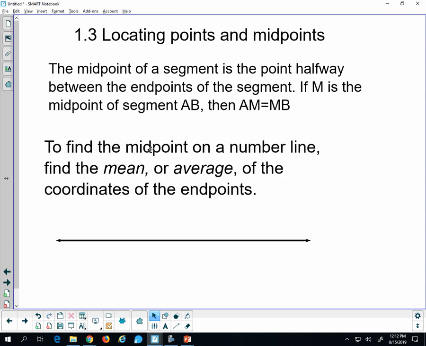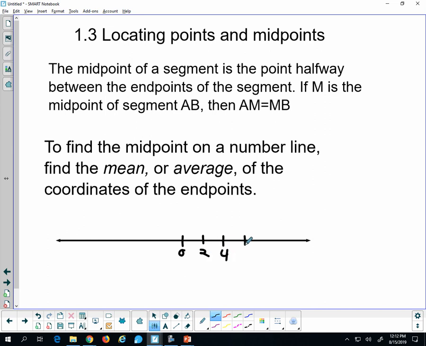Essentially, to find the midpoint on just a number line, what we're doing is we're finding the mean or the average of the coordinates of the endpoints. So just to take a quick look at an example of what that means, let's get our number line going here.